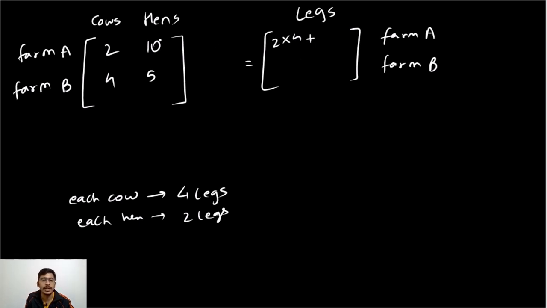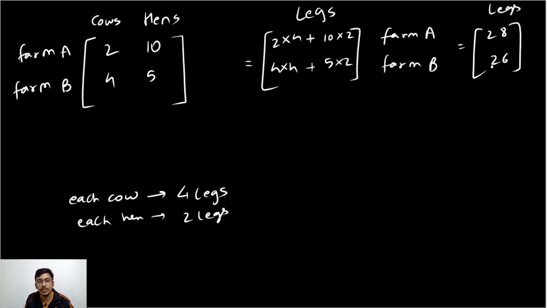And there are 10 hens on the first farm and each hen has 2 legs. So 10 2s is 20, correct? So we have 8 and 20, so we have 28 legs on the first farm. Similarly, you can say 4 into 4 plus 5 into 2, which is 16 plus 10, which is 26. There are 26 legs on farm B, correct?